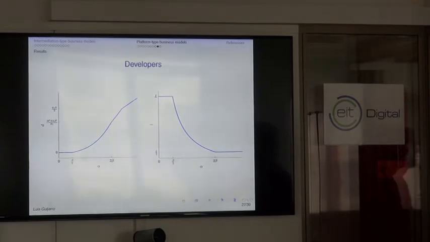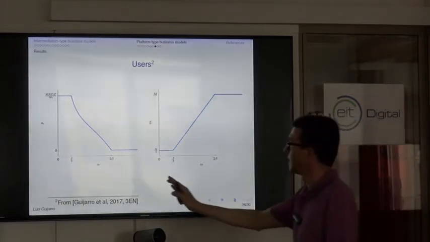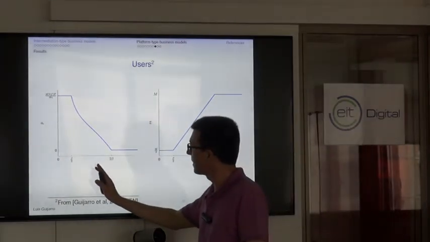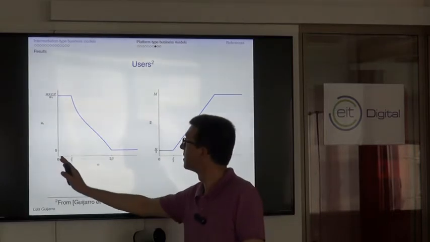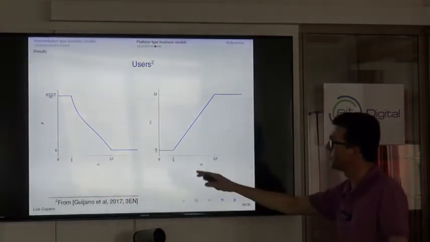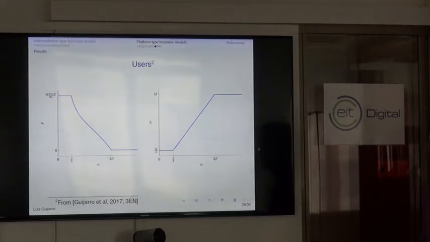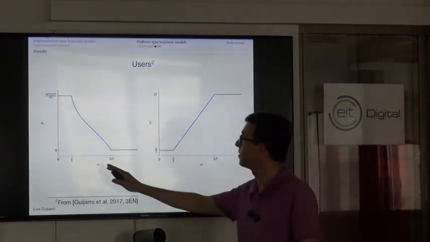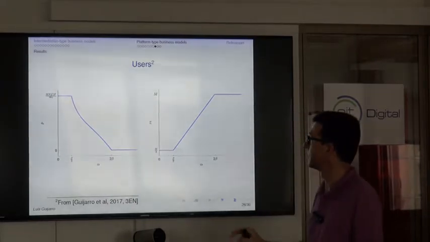And what we see here is that if alpha is low enough, the profit maximizing fee choices for the platform will be the other way around.